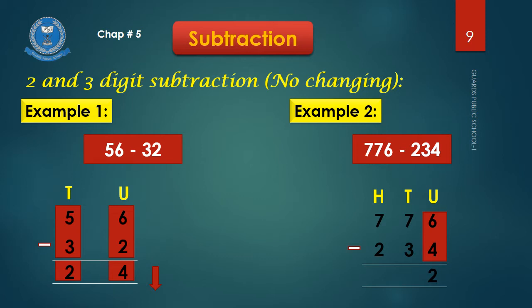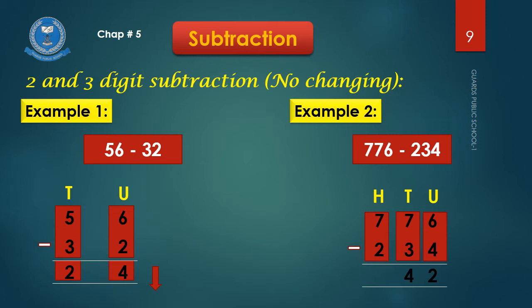After this, we move to the tens column. In the tens column, we have numbers 7 and 3. If we subtract 3 from 7, we get number 4. And we move to the hundreds column. In the hundreds column, we have numbers 7 and 2.